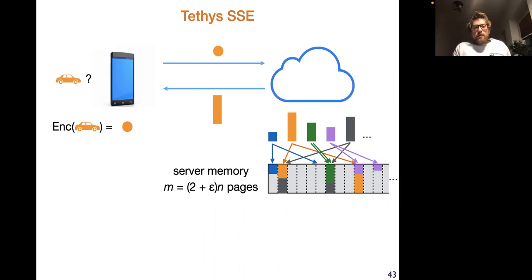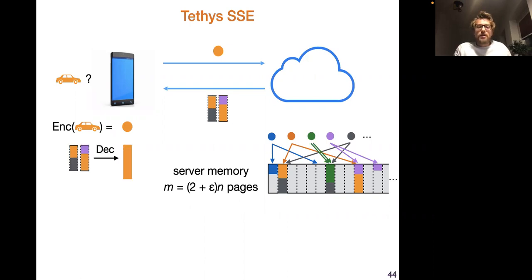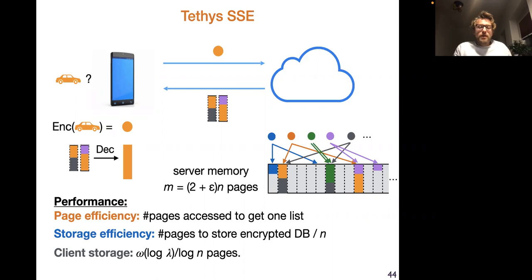Now if we query a keyword, we generate our search token by encrypting the keyword and send it to the server. Based on the search token, the server can recompute the two bin locations and retrieve the 2 pages where our items are stored. If we decrypt them, we can retrieve the matching identifiers. And efficiency-wise, we have good page efficiency.